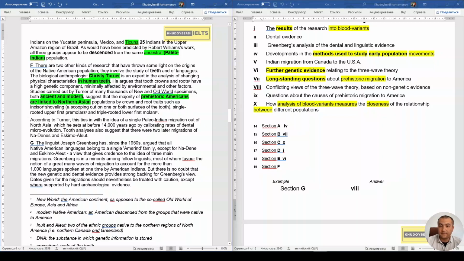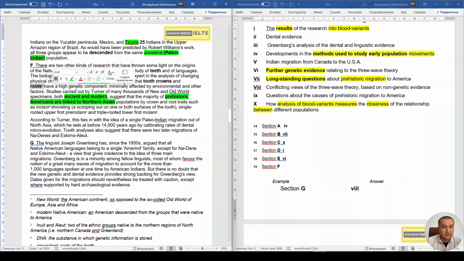Teeth and of languages. Christy Turner, expert in analysis of changing physical characteristics in human teeth, argues tooth crowns and roots have a high genetic component minimally affected. If you pay attention here, it's talking about teeth, but here it was written like teeth and of languages, which means it's not language.